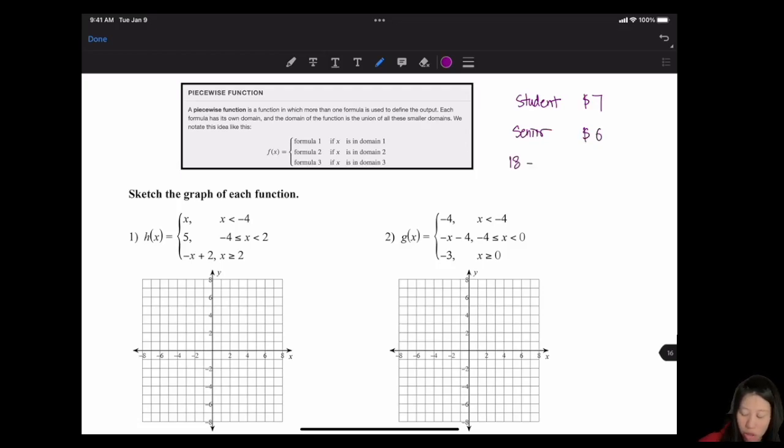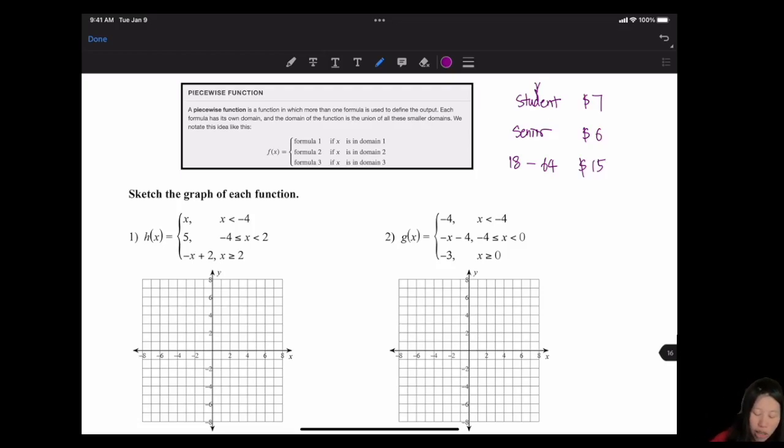If you're 18 to 64, that means adults, not a student or senior, you're going to pay the full price, which is $15. So this is what we call a piecewise function in application. That means the price of the ticket is determined by your age or your social status.